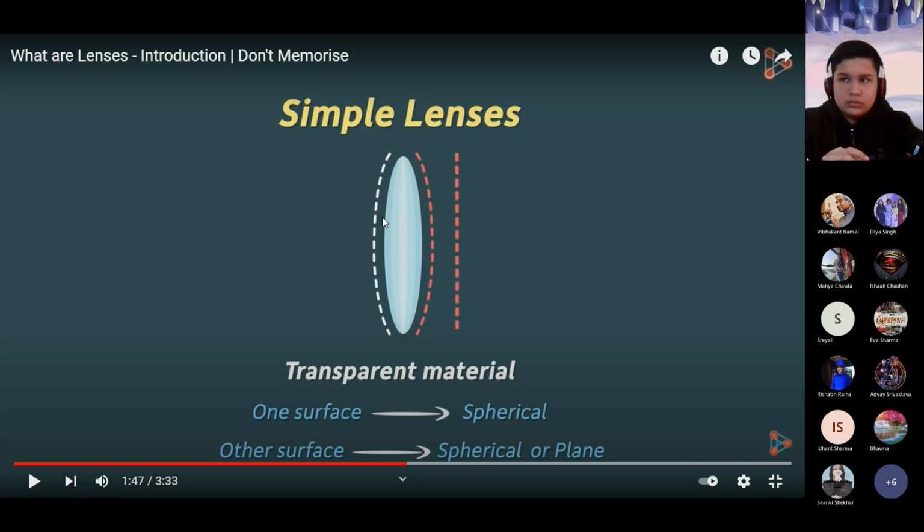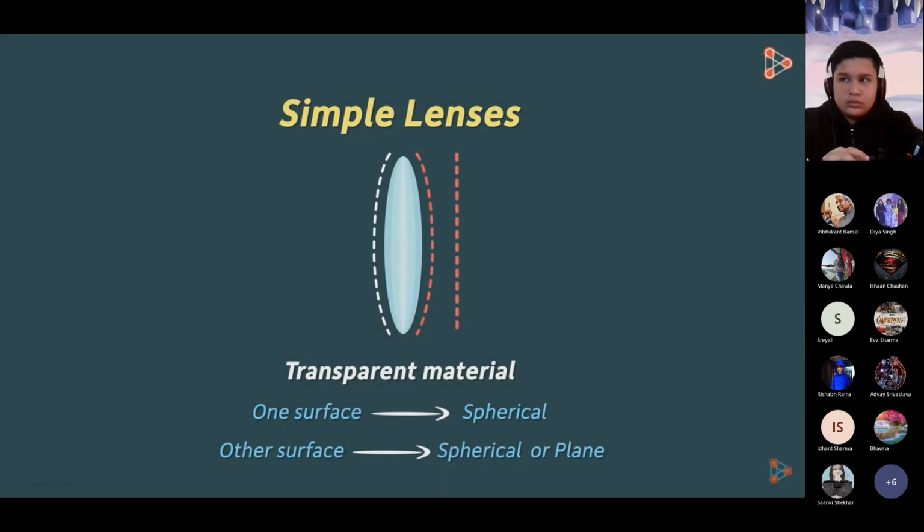It is transparent from one side to the other. So light rays from one side, either from left or right, will enter and get refracted through this lens to the other side. That is an example of a simple lens. One of the surfaces is definitely spherical and the other can be spherical or plane.